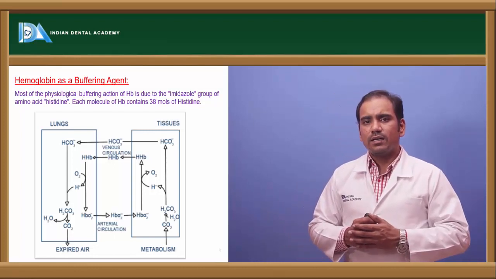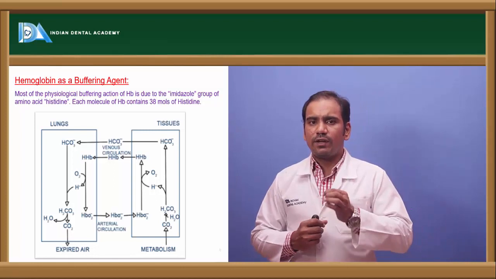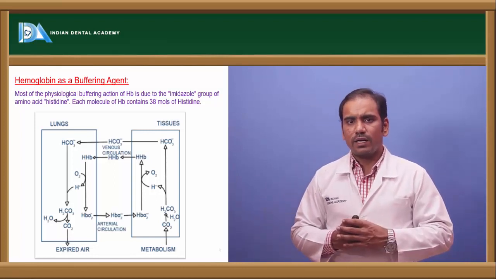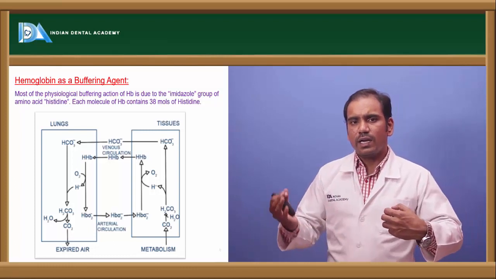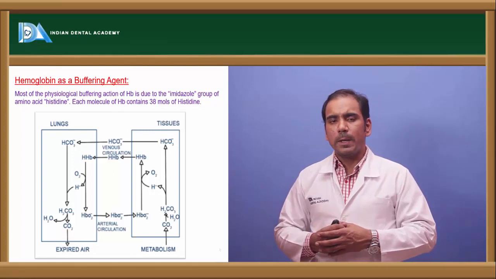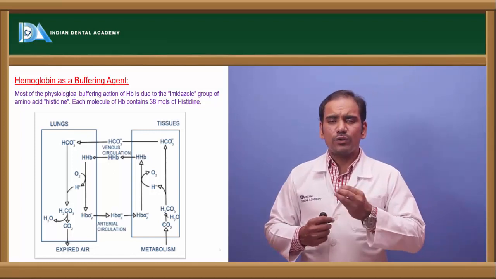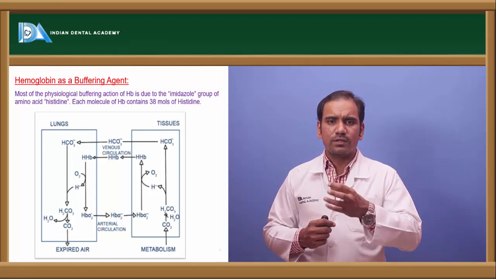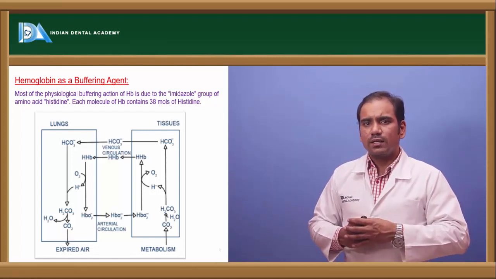In the lungs, that HHb reacts with oxygen and releases the H plus ions there. When it releases H plus ions and accepts the oxygen, it is converted to oxygenated hemoglobin, oxyhemoglobin. And what happens to those H plus ions which are released in the lungs?